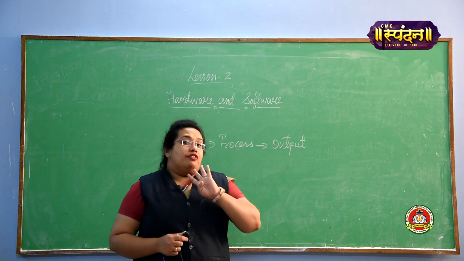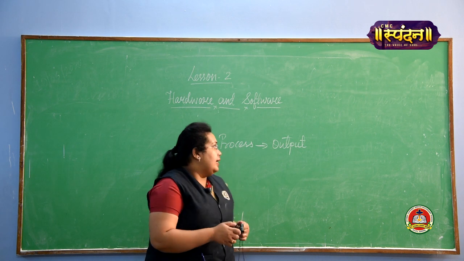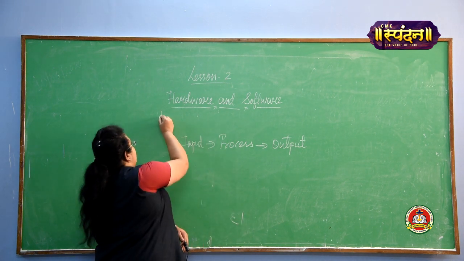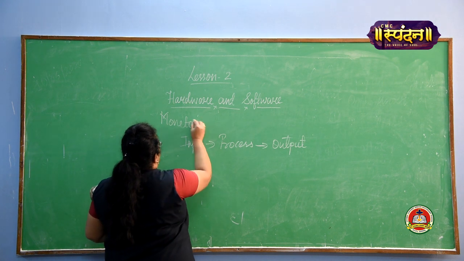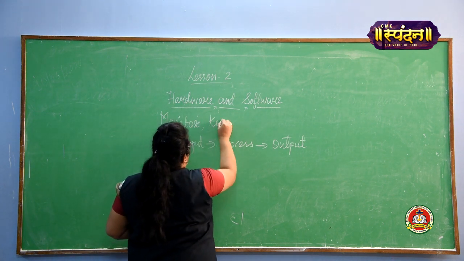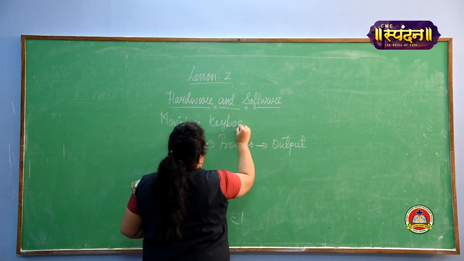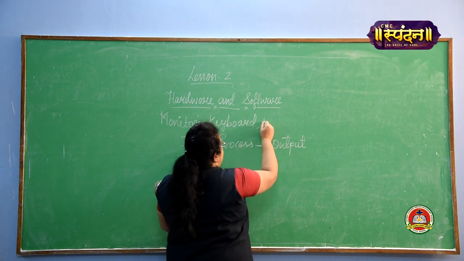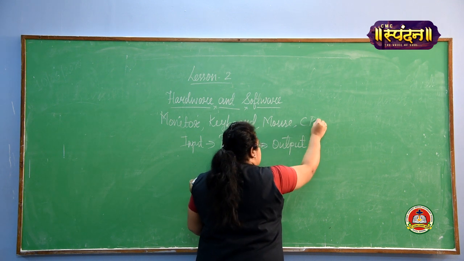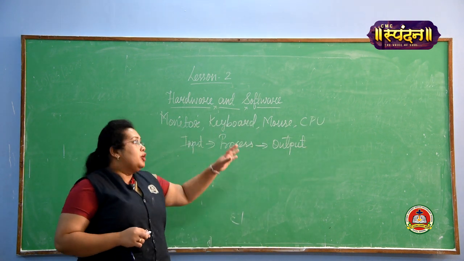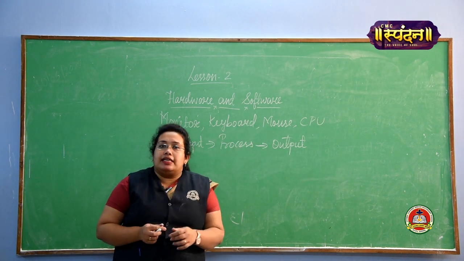So now we will study which types of devices come under the input device. We have 4 main parts of the computer: monitor, keyboard, mouse and CPU. When we combine all these 4 parts, then we call it a computer.